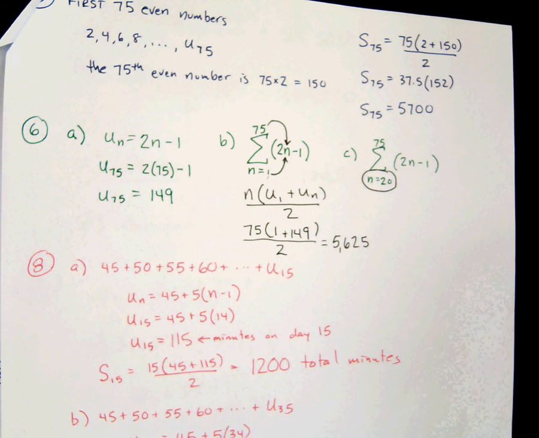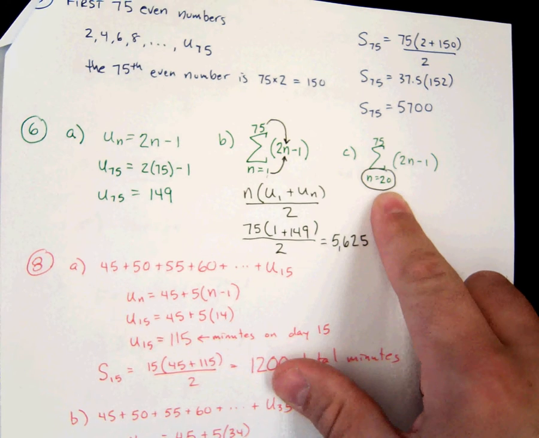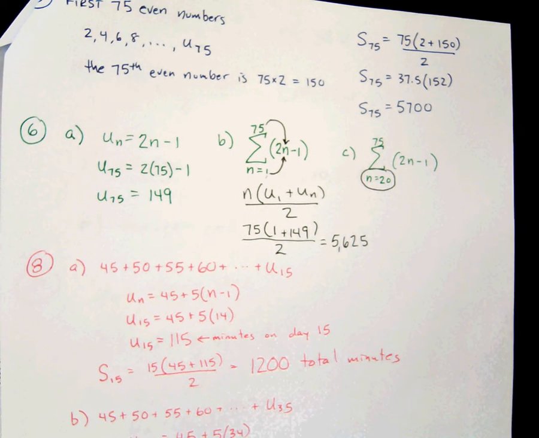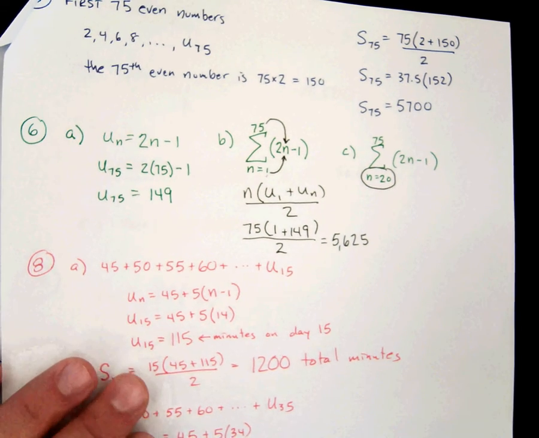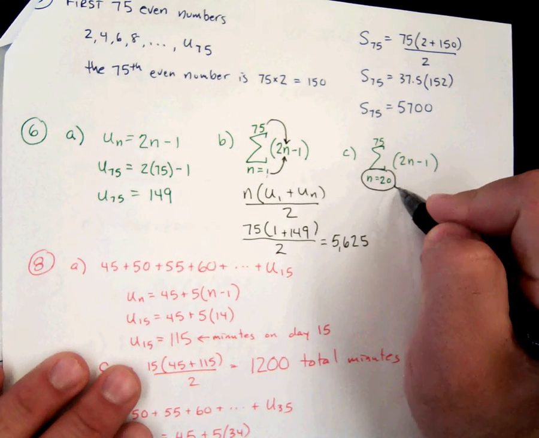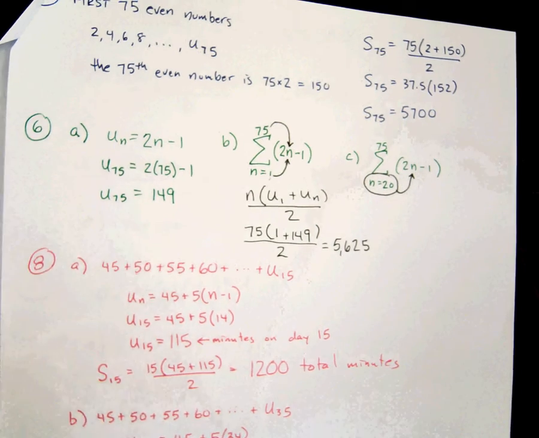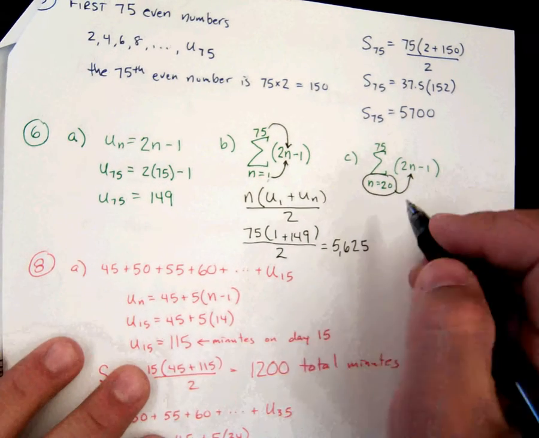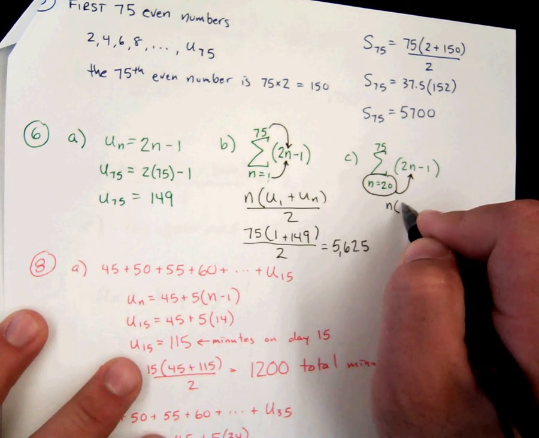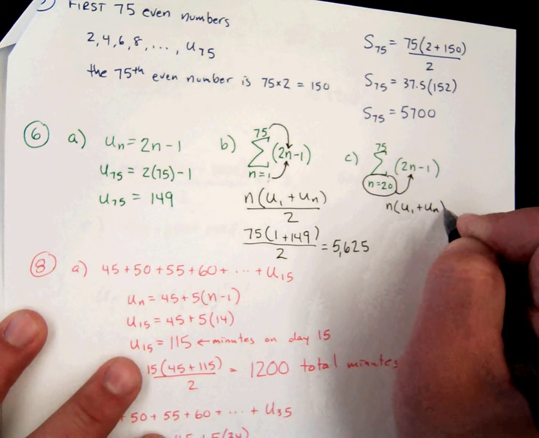So imagine 75 students numbered 1 to 75. We're only starting with student number 20 in this one. All right, so we need to figure out now what is the first term when we start plugging in 20, not 1. So that changes everything, and our n times (u1 plus un) all over 2.